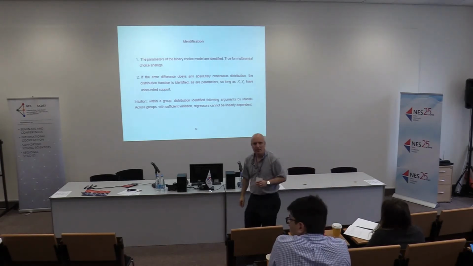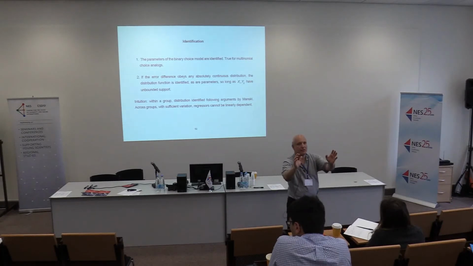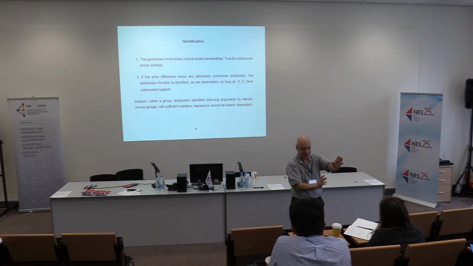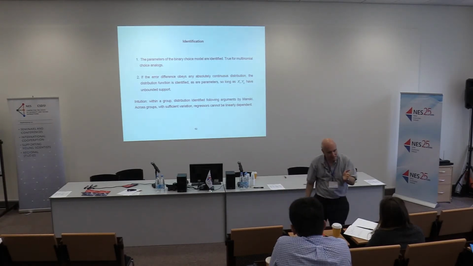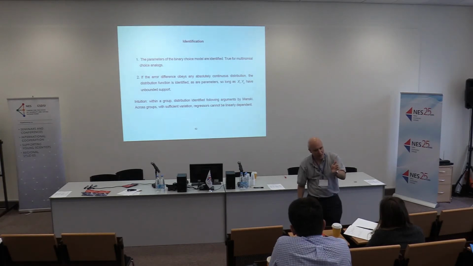Furthermore, this is the more subtle argument. If I look within a group and I see how the probabilities change for different values of X's, that will tell me what the density is of the errors. That's a much more subtle argument, but it can be made. So in other words, if I see how much the probability changes as I go from one x to another x, it tells me how much the errors variation has to be.